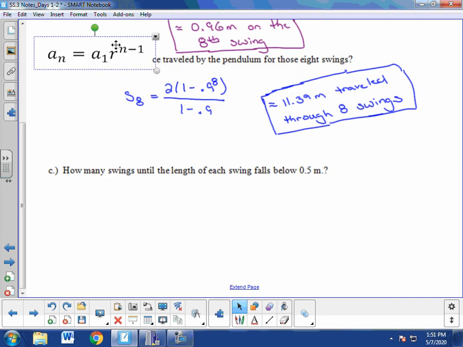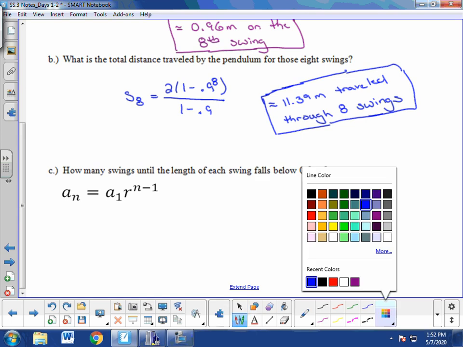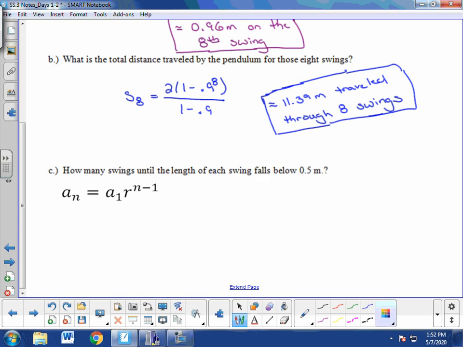We're not going to use the equation on the left. So we're going to use the nth term formula, which I'm going to bring down. What I know here is that a sub n is the length of the swing, which has to be less than 0.5 or 1/2. You can put in either.